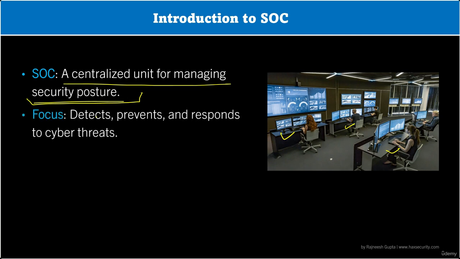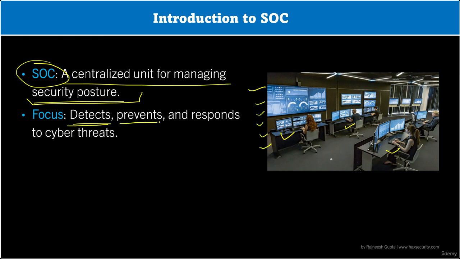The focus of the SOC team or SOC infrastructure is to detect any threats targeting your network assets. It can be targeting your web servers, computers, machines, routers, switches, firewalls, anything.